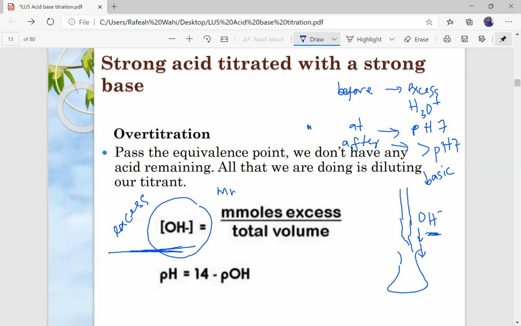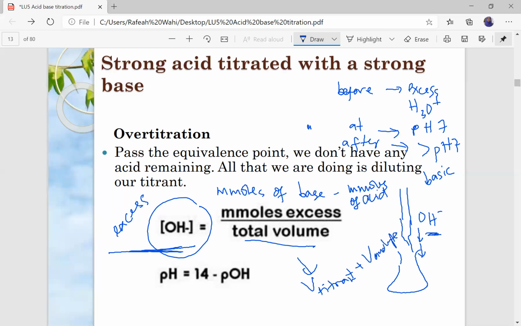It is millimoles of base minus millimoles of acid, divided by the total volume. Total volume is, just now we know, the volume of titrant plus the volume of analyte.